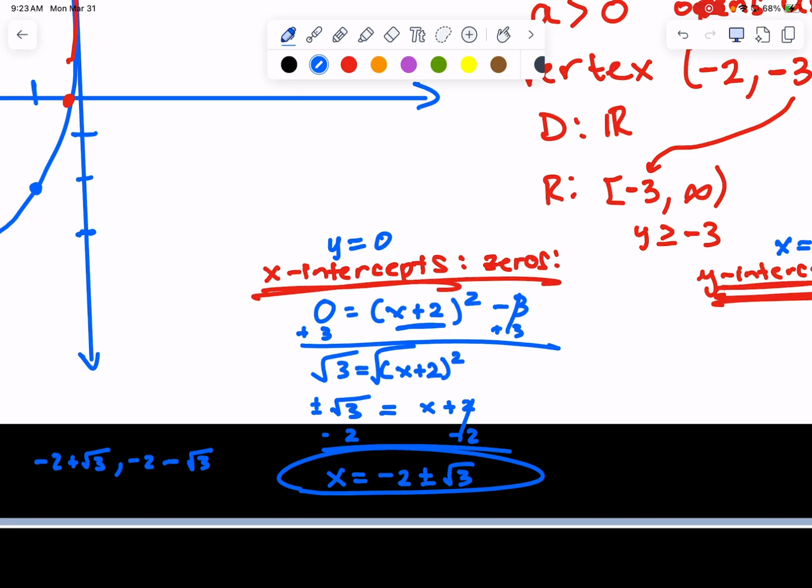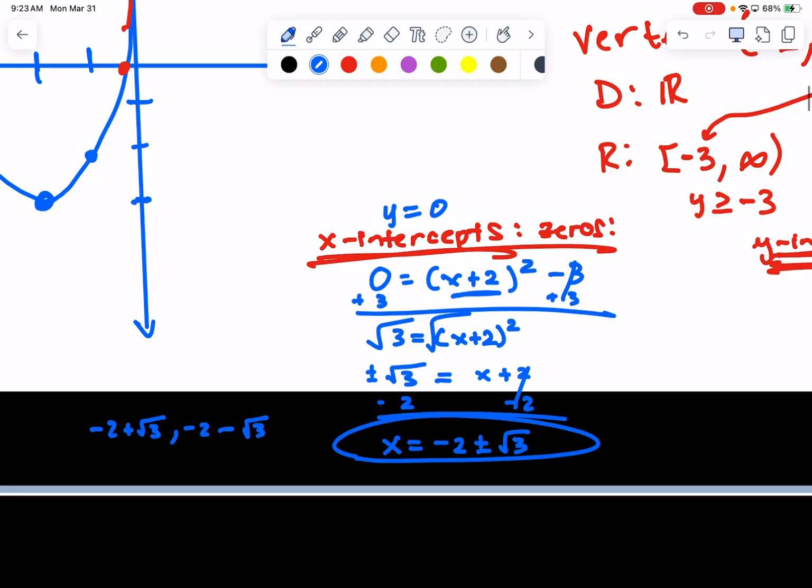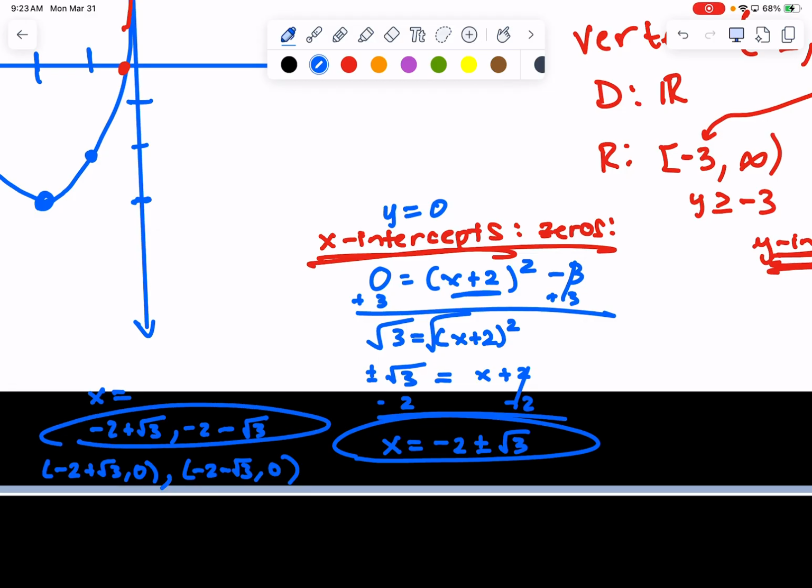If it says list as points, you're going to have to write negative 2 plus root 3, comma 0, and negative 2 minus root 3, comma 0. So if it just has x equals on the My Open Math, you can do it like this. But if it says list them as points, you have to write them as actual ordered pairs with the 0 for y.